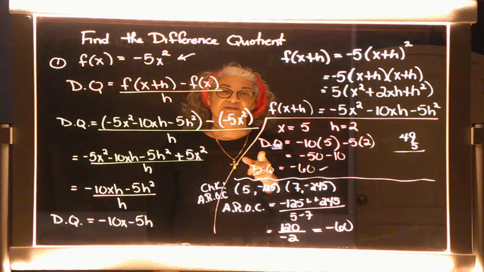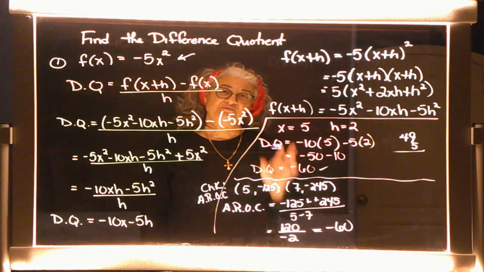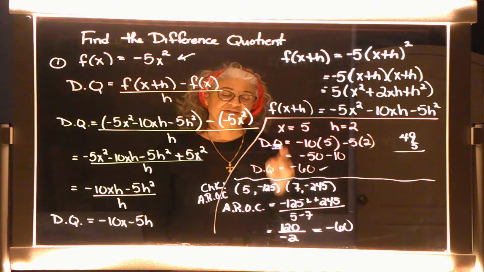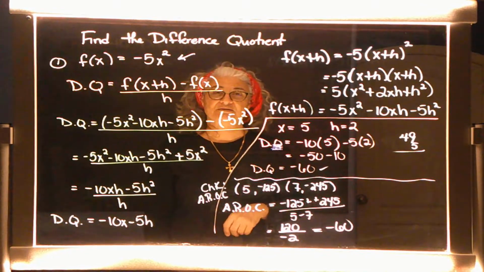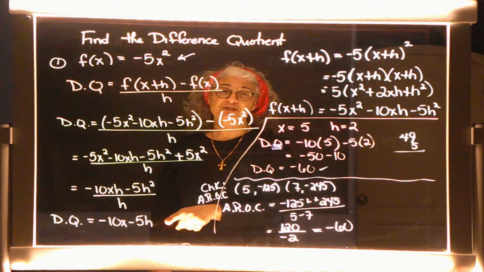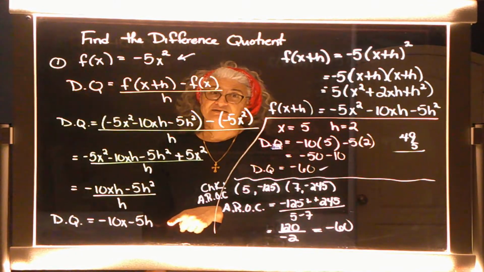The only difference is this. Average rate of change is very specific. I literally need to know the 2 points. The difference quotient is generic.